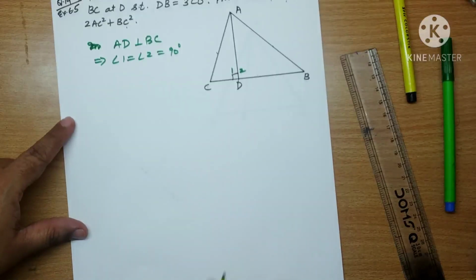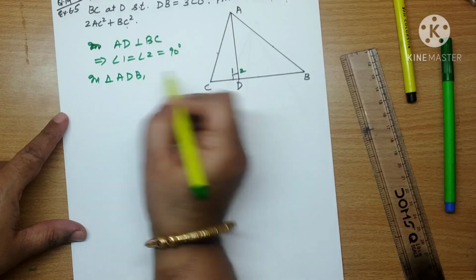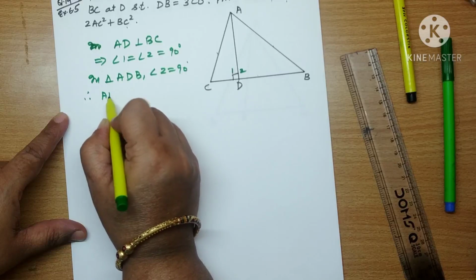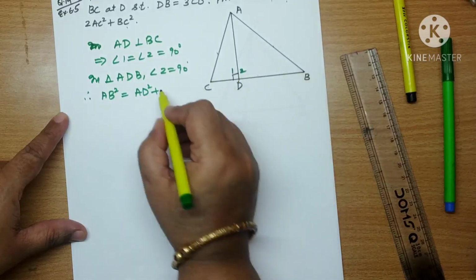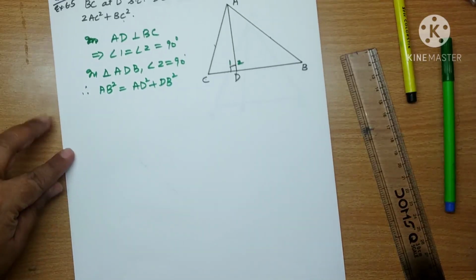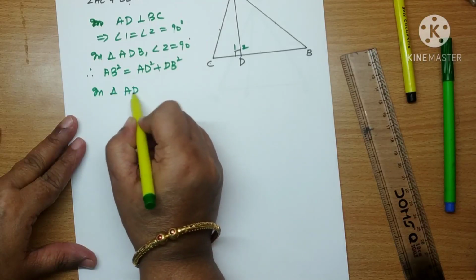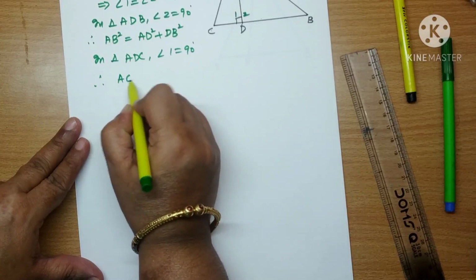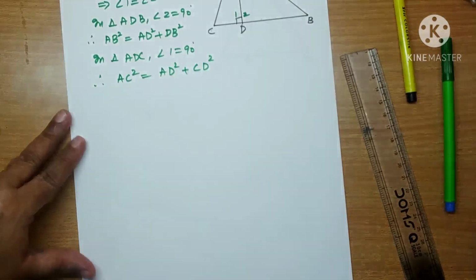Now AB square I'll get from this triangle. In triangle ADB, angle 2 is 90. Therefore, AB square is equal to AD square plus BD square. Next, in triangle ADC, angle 1 is 90. Therefore, AC square is AD square plus CD square.